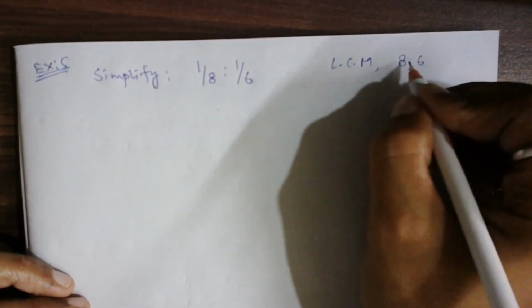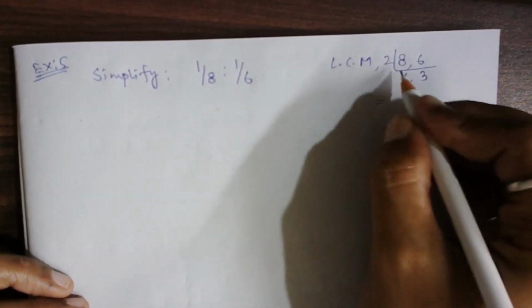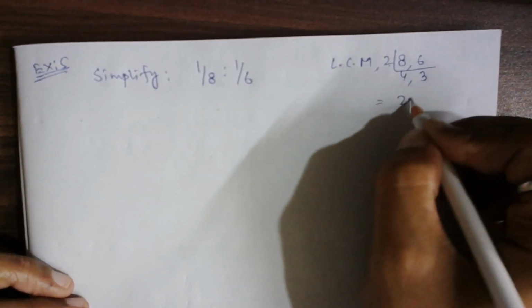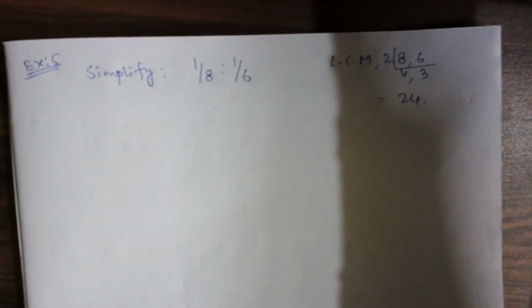8 and 6 का 2 2 जा 4, 2 2 जा 3. So 2 4 8 3 24. I find that 24 is the LCM between them. Okay.